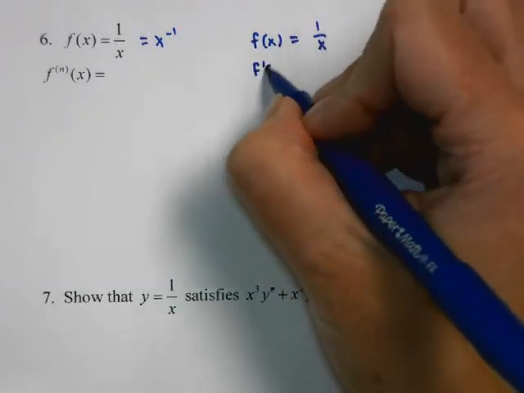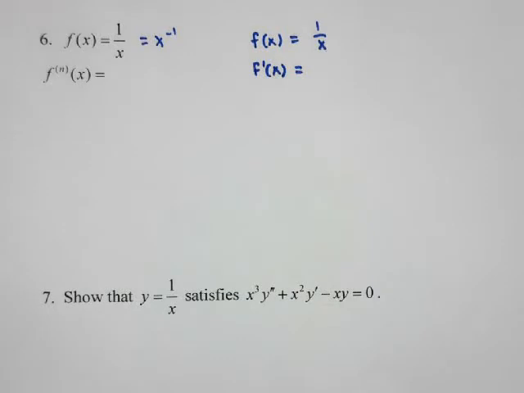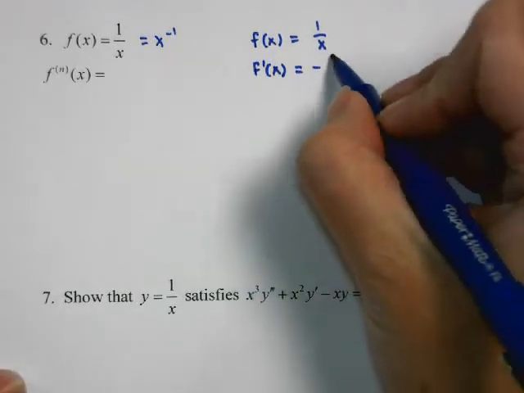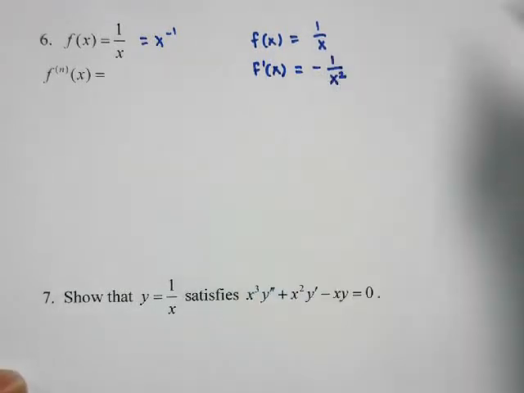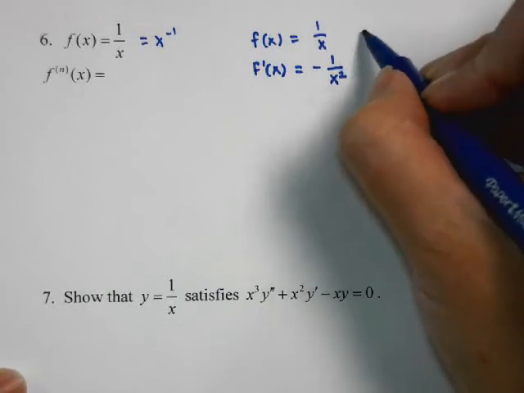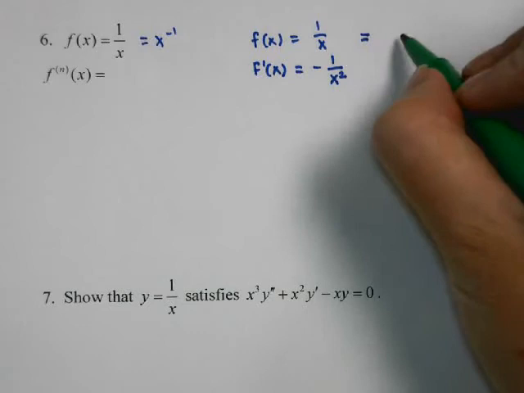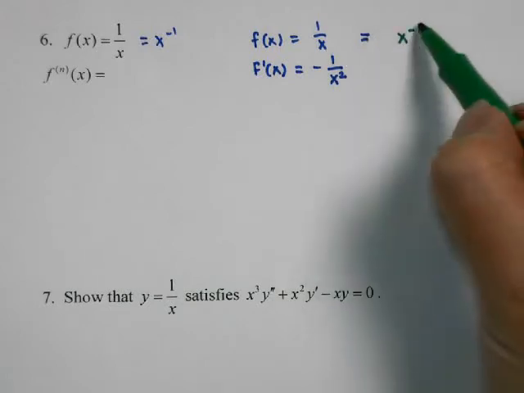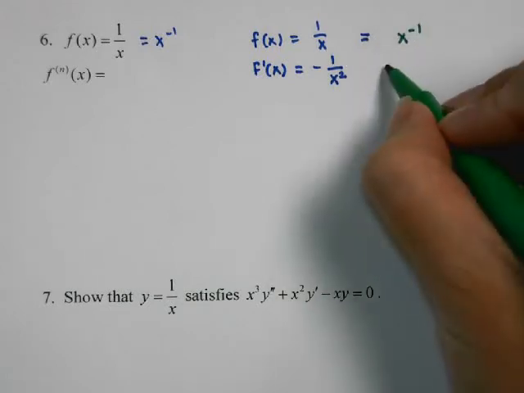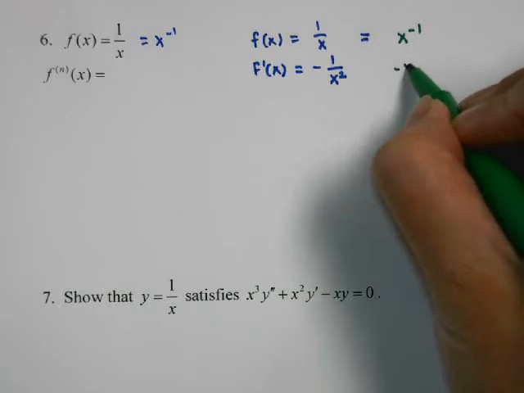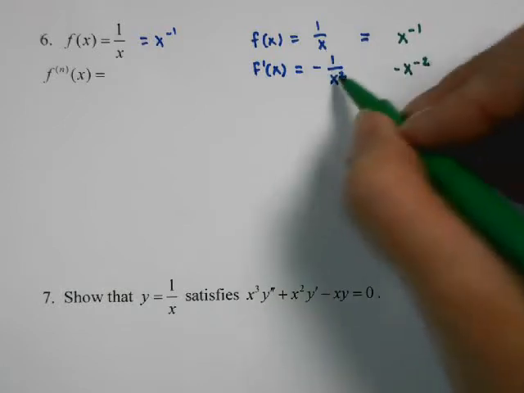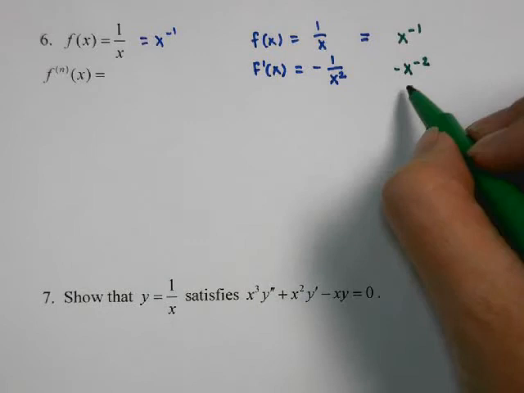The first derivative, and this is one you should know, is going to be negative 1 over x squared. And it comes from the fact that this is x to the negative 1, if I bring down the negative 1, we get negative x to the negative 2, which turns into this.